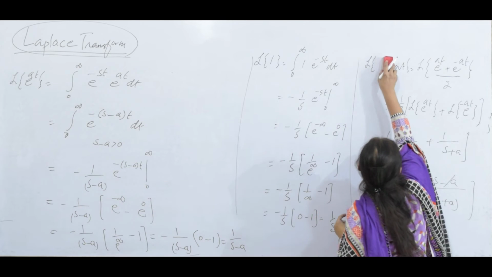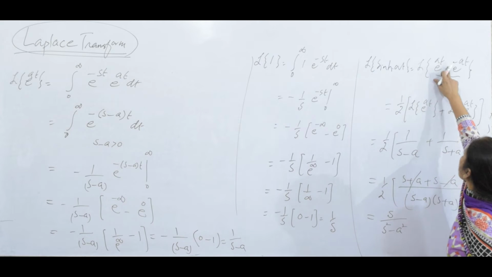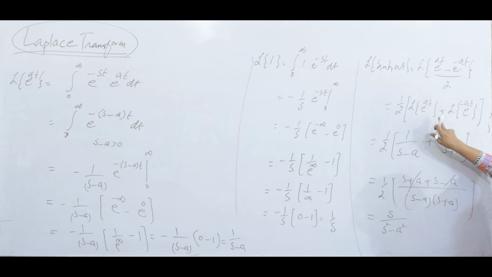Similarly, let me find sinh(at). The formula for sinh(at) has a minus in it. Since the Laplace transform is linear, operate on each separately: 1 over (s minus a) minus 1 over (s plus a).